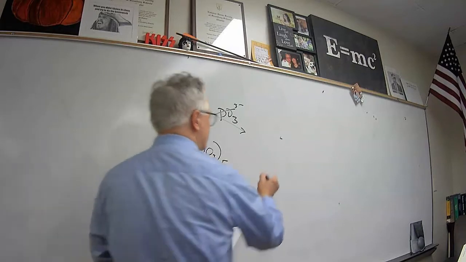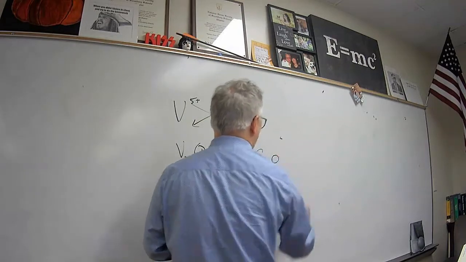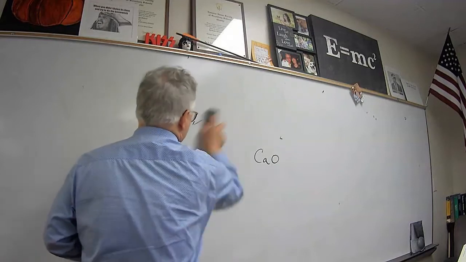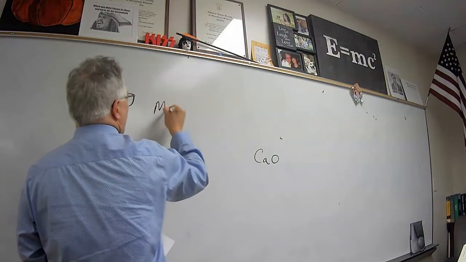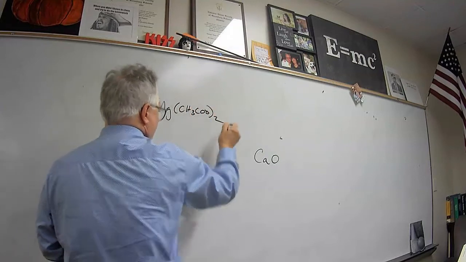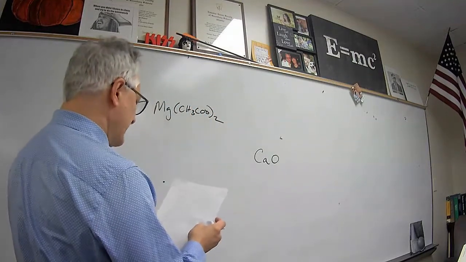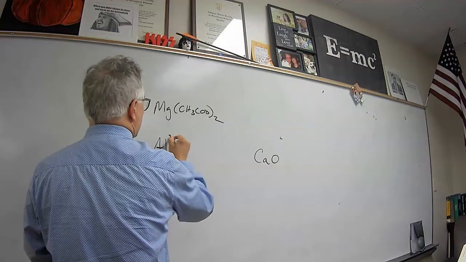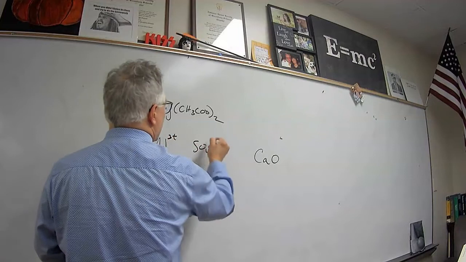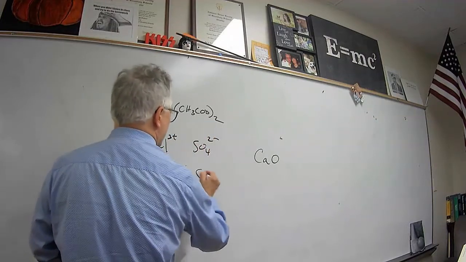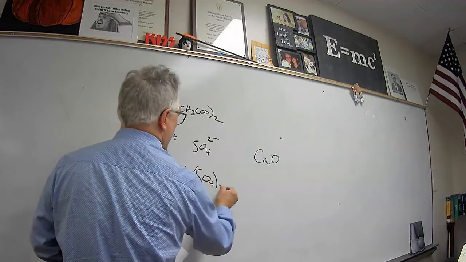Calcium oxide, that's easy. Calcium's +2, oxide's -2. Magnesium acetate, we just learned acetate's a -1. I can write it like that. Aluminum sulfate. Well, aluminum is a +3, sulfate -2, so Al2(SO4)3.